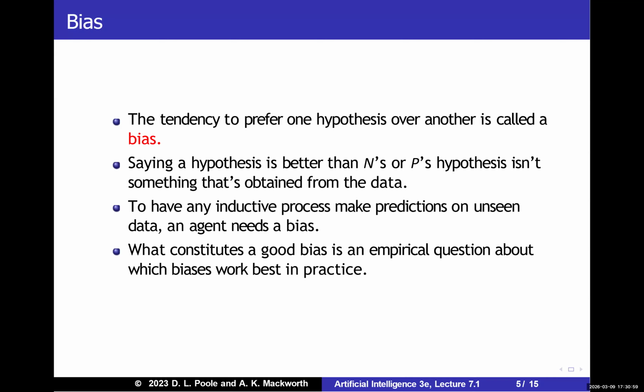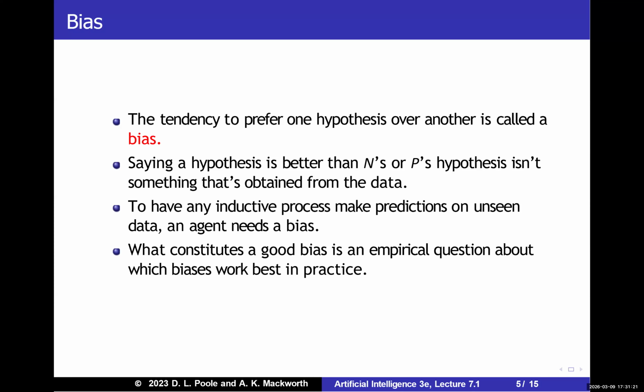Bias is actually necessary for learning to work. Without it, the system would have no basis for choosing one possible explanation of the data over another. For example, a learning algorithm might prefer simpler models, or models that use certain types of mathematical relationships.